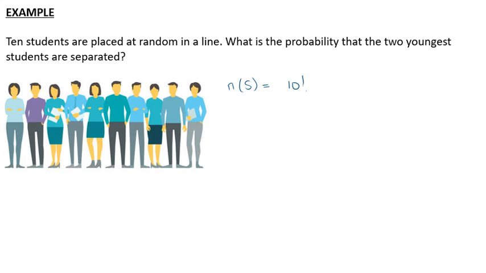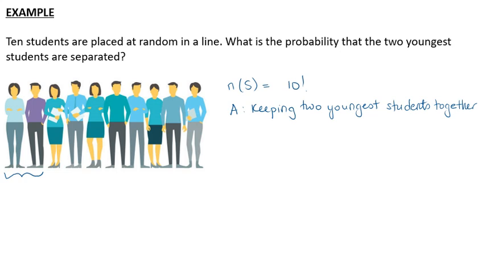Good. Now let's consider keeping the 2 youngest students together. So I'm going to define my event A as keeping two youngest students together. All right. So let's pretend that these are the two youngest students. What we're going to do is work out the number of ways.